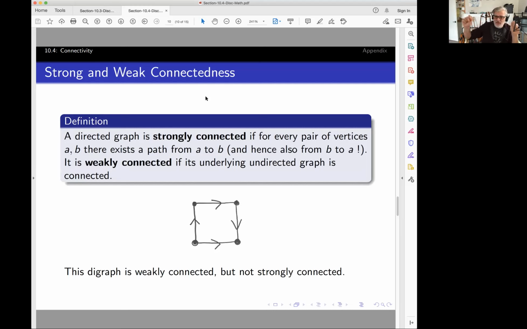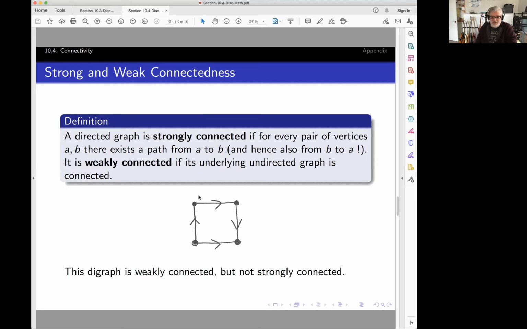But what does that mean? It means in particular that if you go from a certain U to a V, you have to be able to come back from that V to U. So this is different than just the picture being connected without looking at the orientation. It's a bit more sophisticated.